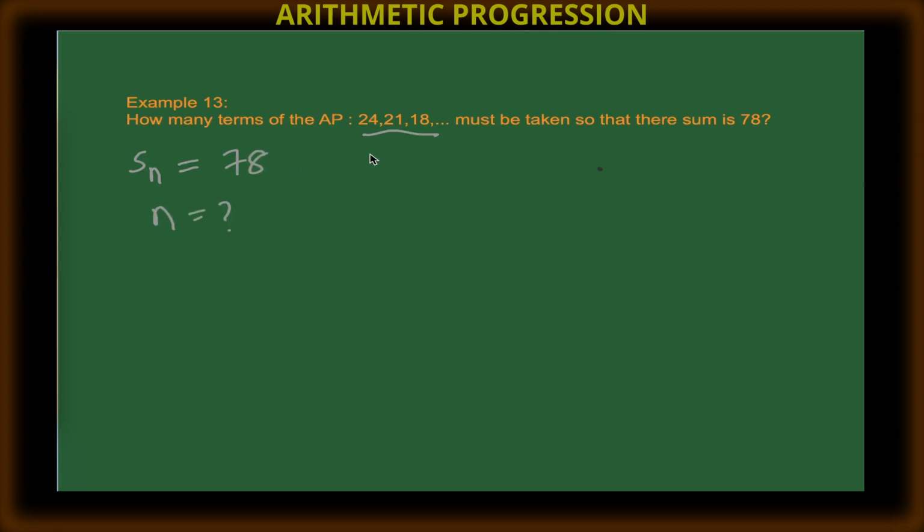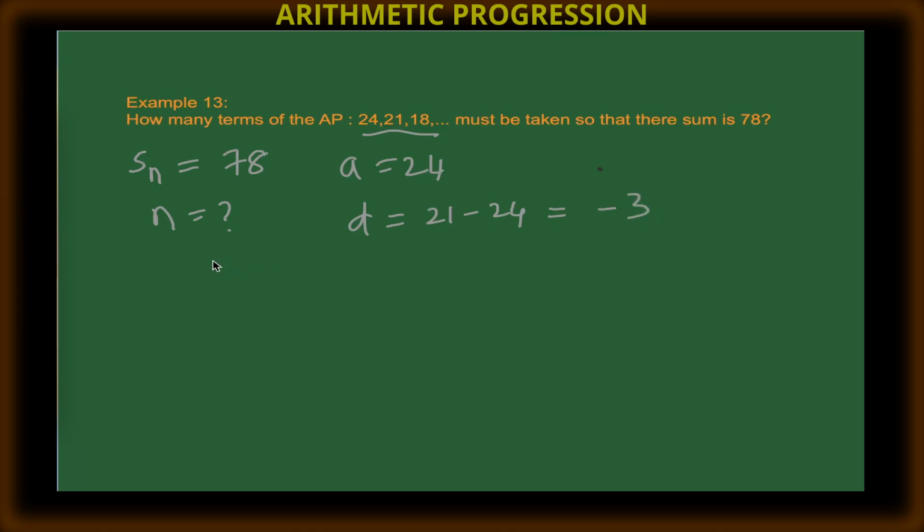Do we know a? Yes, the first thing we find is a. Do we know d? Yes, there are multiple terms in the sequence, so we can identify d. So let's find 21 minus 24, which will be equal to minus 3, since the minus is bigger.